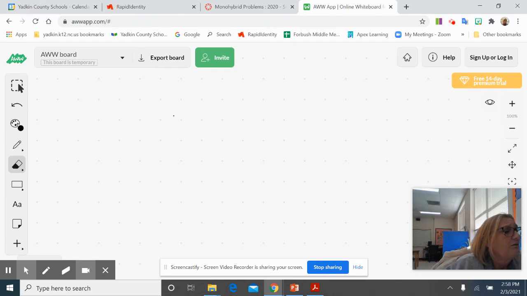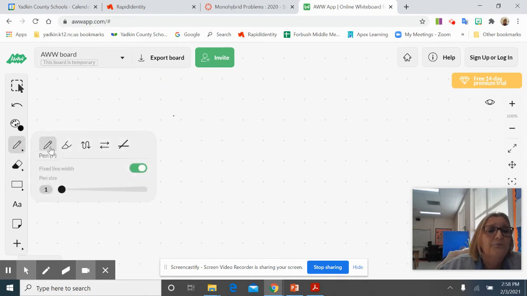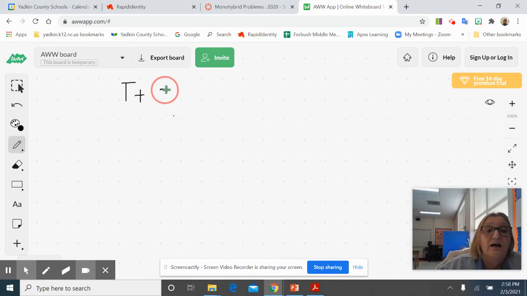Okay, so tall, so I guess we're going to use a T, okay? So hybrid tall means that we would use a dominant T and a recessive t.